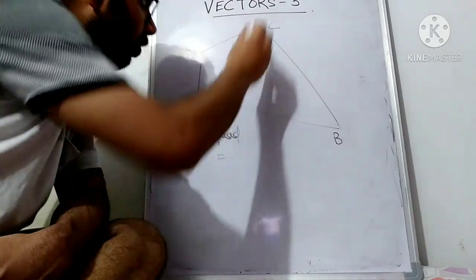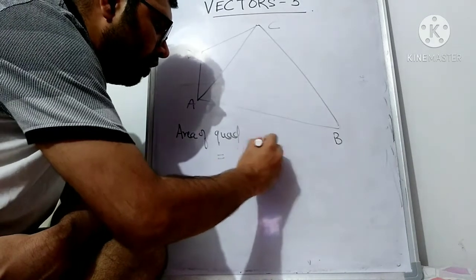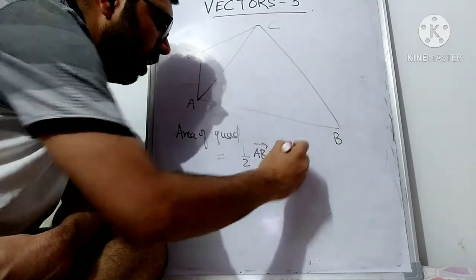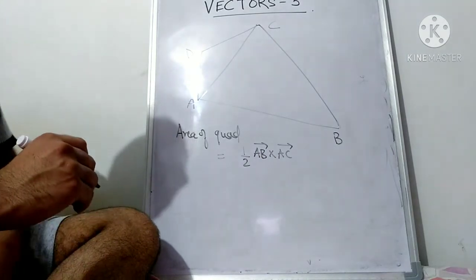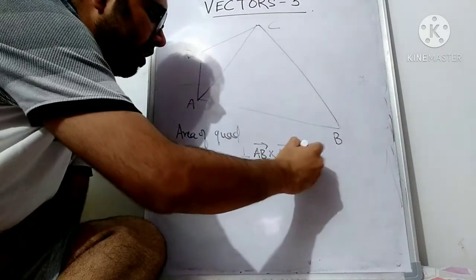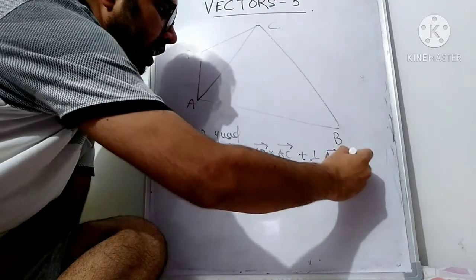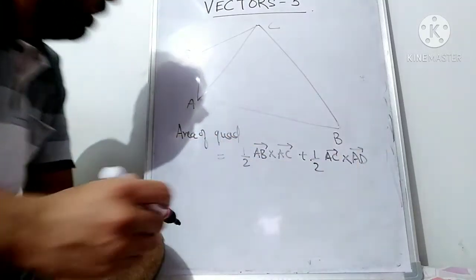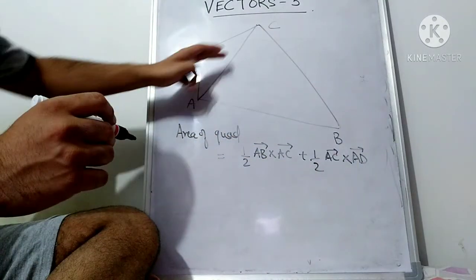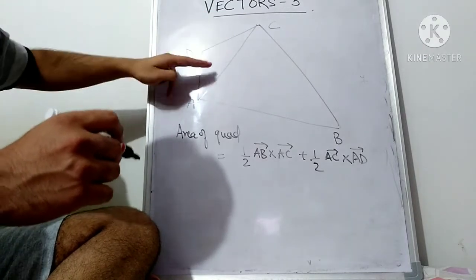For this triangle the area will be half AB vector cross AC vector, and then plus, for this triangle, half AC vector cross AD vector, right?